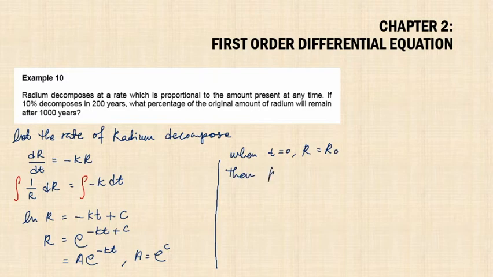So we have R naught equals A e to the power of negative k times 0, and then A is R naught. Then the equation including A is R equals R naught e to the power of negative kt.